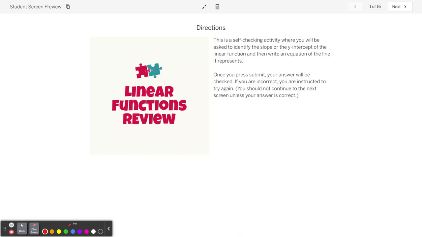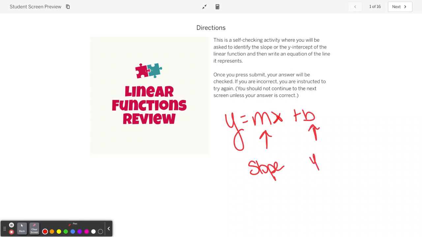Linear equations in slope-intercept form, as you remember from class, because we've said it 18 million times, always starts y equals mx plus b, where m is our slope, b is our y-intercept.